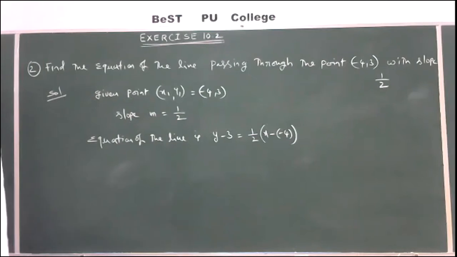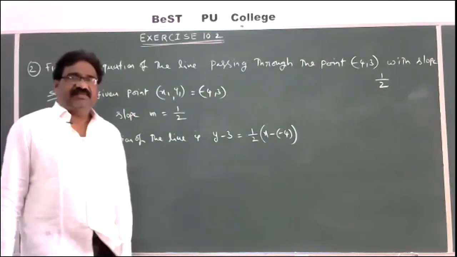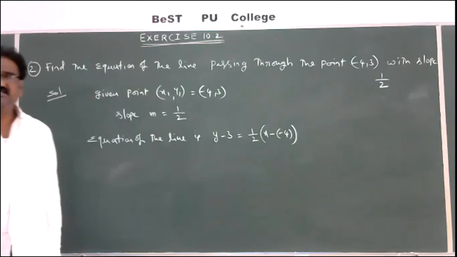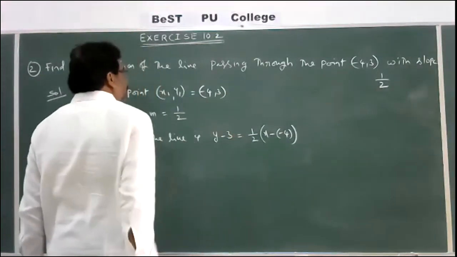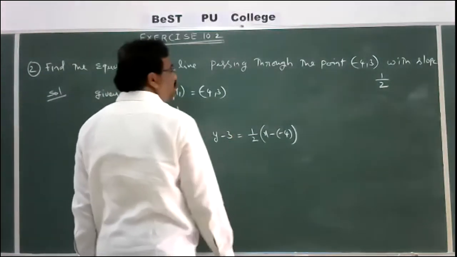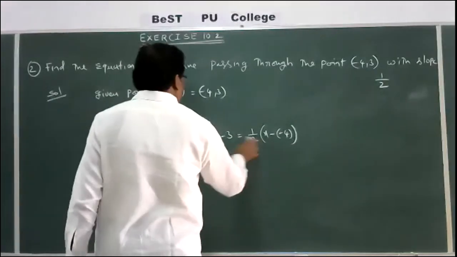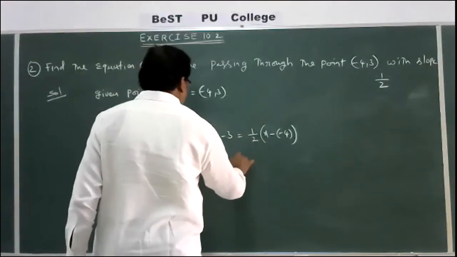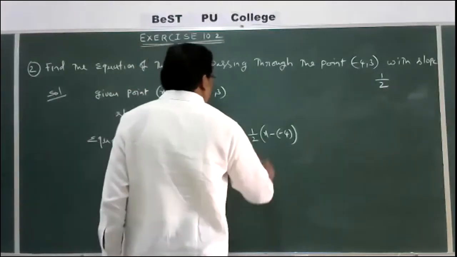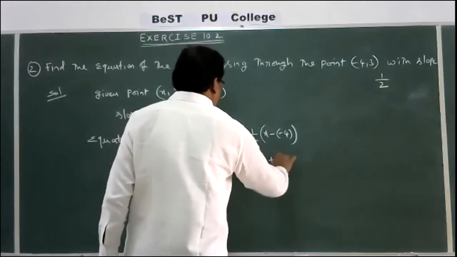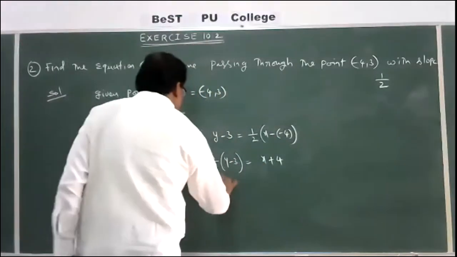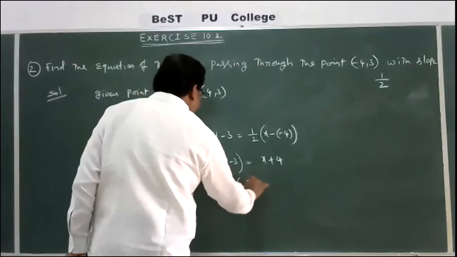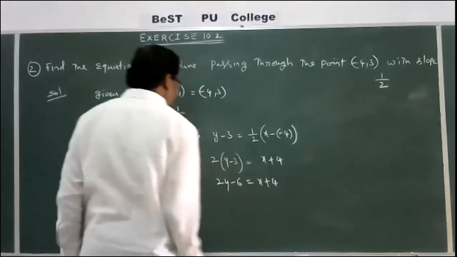y minus y1 is equal to m into x minus x1. So y minus 3 is equal to 1 by 2 into x minus of minus 4. Cross multiplication: 2 into y minus 3 is equal to x plus 4. 2y minus 6 is equal to x plus 4.